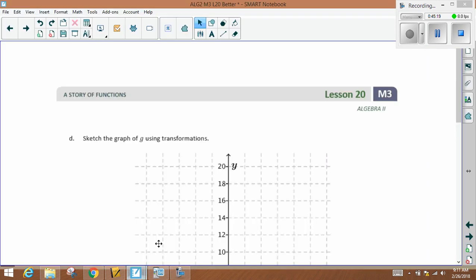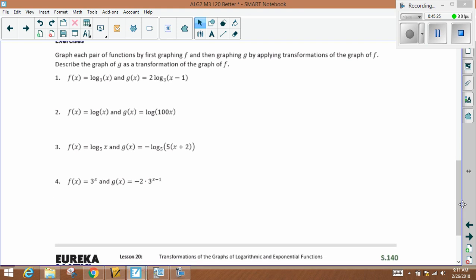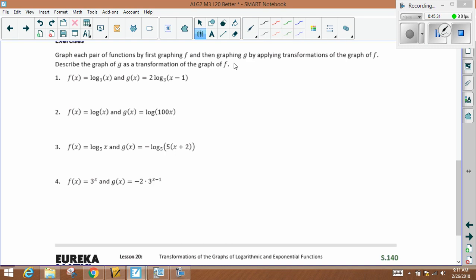And let's talk about looking at these different transformations. All right, so here we're going to have scaling, and this is going to be a horizontal.